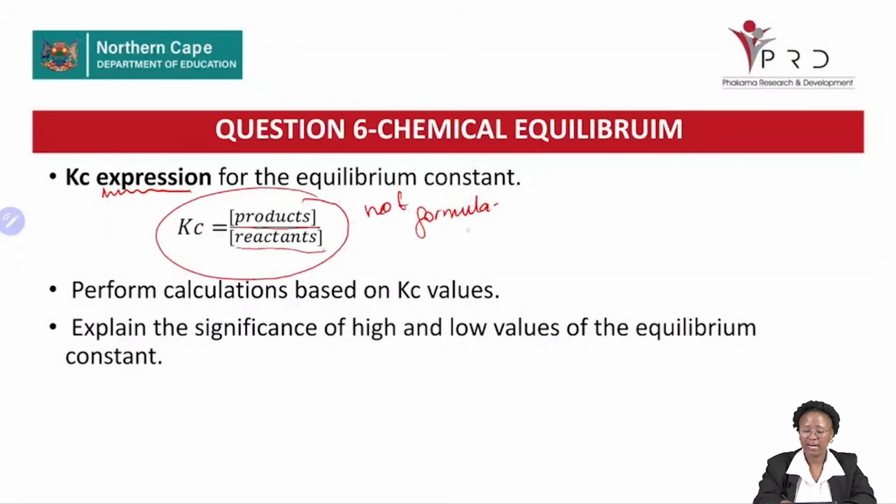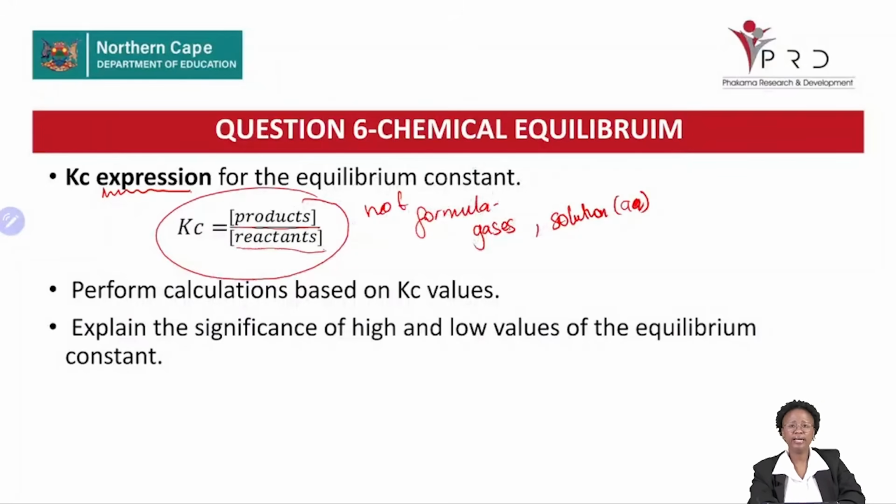Another thing that I want you to remember when you are writing the Kc expression: we are only writing the Kc expression for our gases, as well as our aqueous solutions. Those are the only phases that we are representing on the Kc expression.